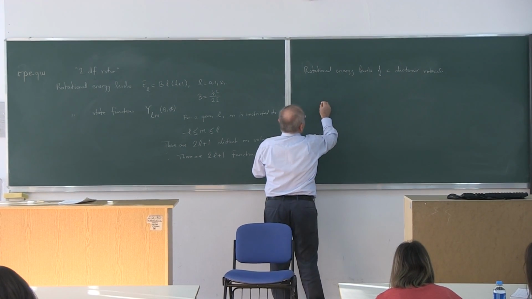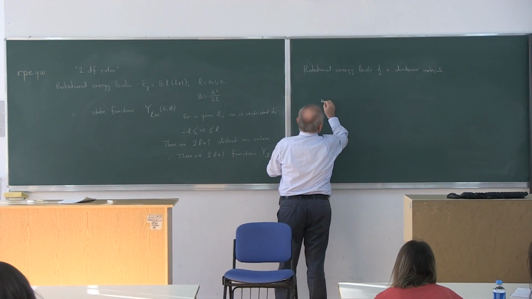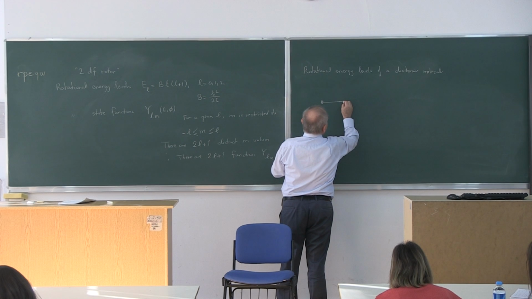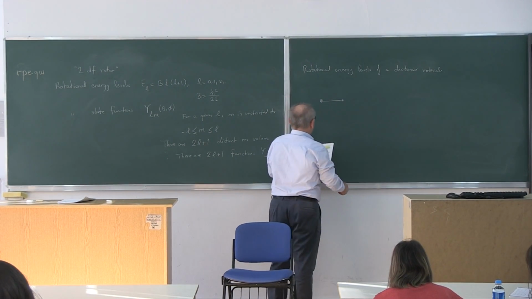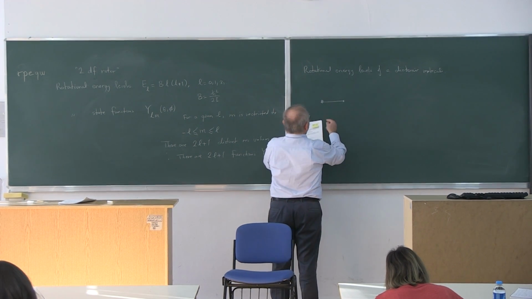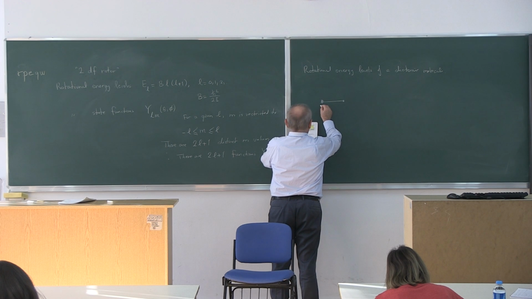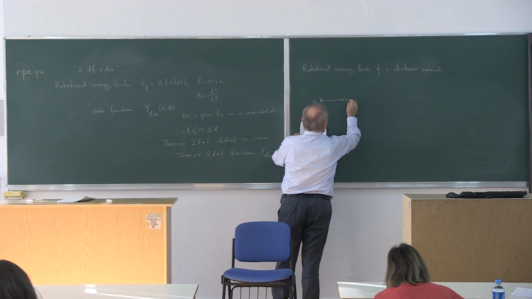Now, the diatomic molecule has two atoms connected by a bond. Let us say this is mass 2, and this has mass 1.